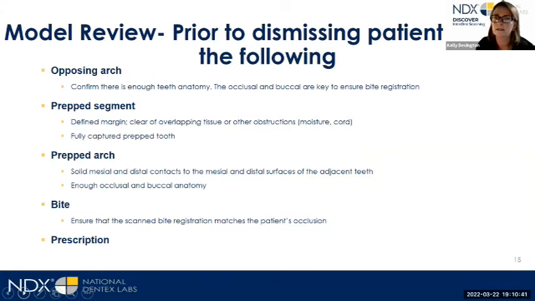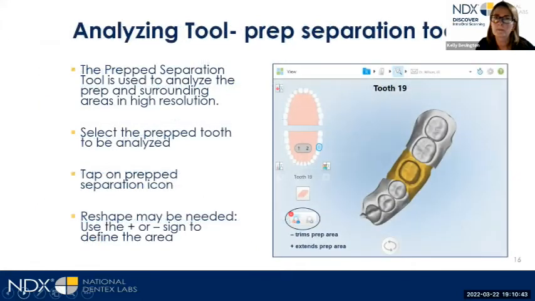And then lastly is going to be your prescription. Some different analyzing tools that we'll be reviewing tonight include how you can identify the prep itself and alternate any of the die separation space as well.